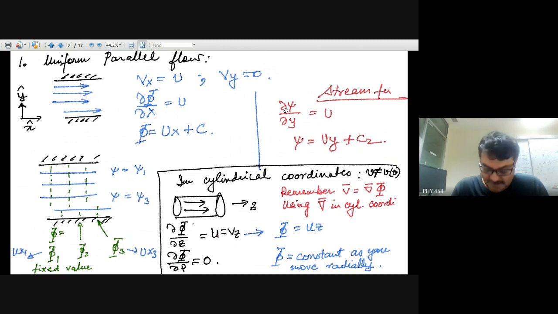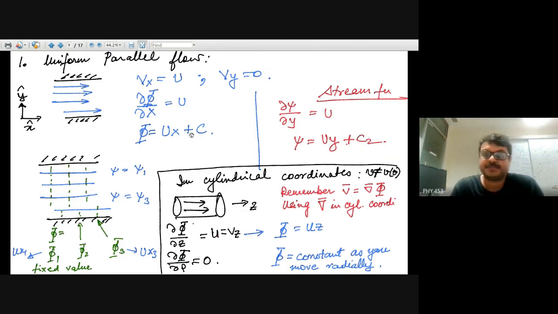Divergence of u vanished, and we had to consider 2D flows. Then del psi del y was equal to u, and psi was equal to uy. Here phi is equal to ux.